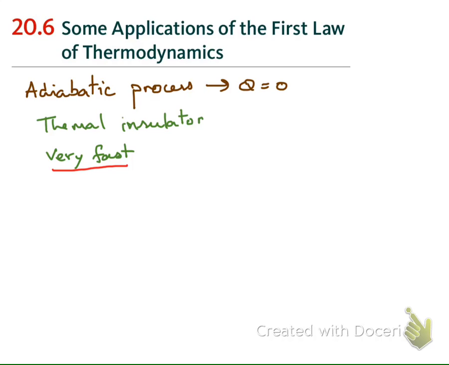Now, once we have Q equal to 0, we must have that the change of the internal energy is equal to the work done on the system, because there is no heat, right? So the change of the internal energy depends on the amount of work done on the system.